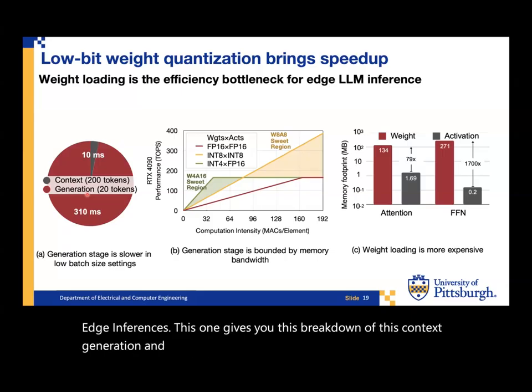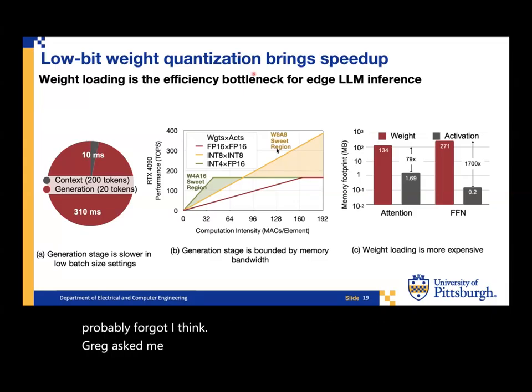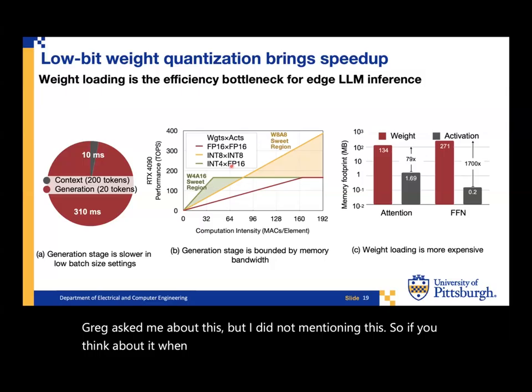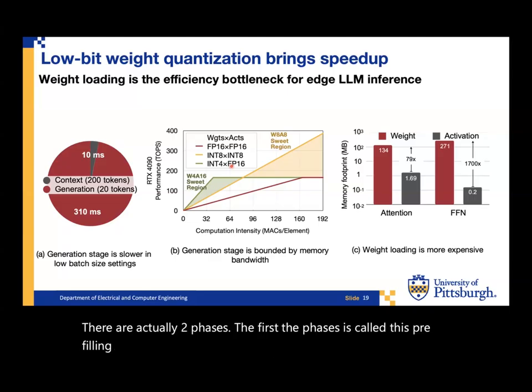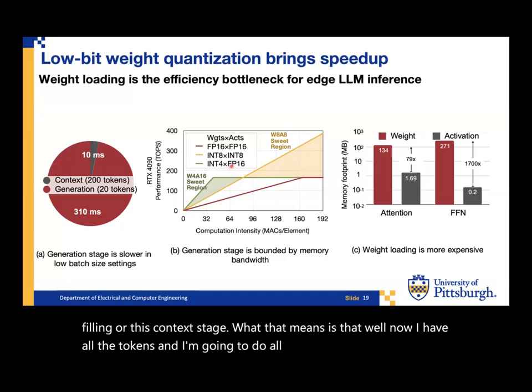So what that means is, I think I probably forgot, I think Greg asked me about this, but I did not mention it. If you think about it, when we are using a large language model and entering all your prompt to the model, there are actually two phases. The first phase is called pre-filling, or the context stage. Now I have all the tokens, and I'm going to do all the self-attention and so on.